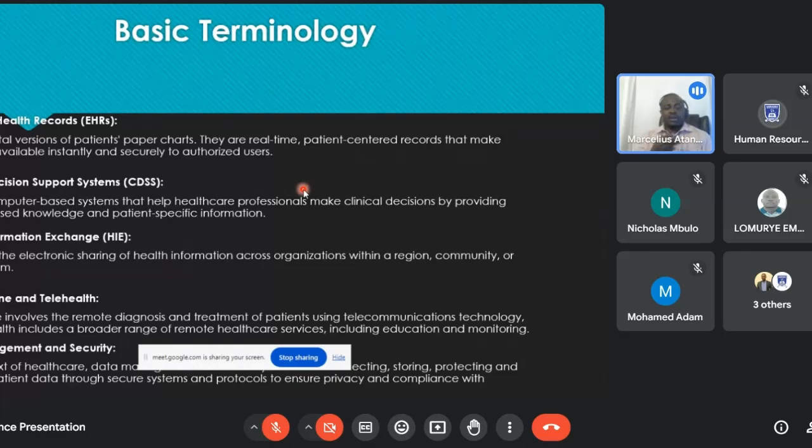We also have health information exchange. This is very, very relevant because we know about comorbidity. Patients have to be moved from one organization to another or one health institution to another.